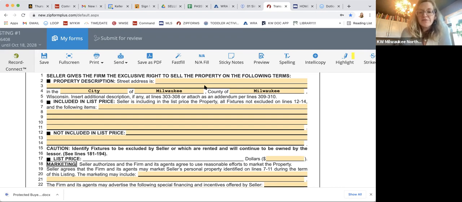But I would still specify curtain rods, as well as if the seller is willing to leave the window treatments themselves, the curtains. The curtains would be considered personal property in this case. But if the seller is willing to leave them, be specific and say curtain rods and curtains.